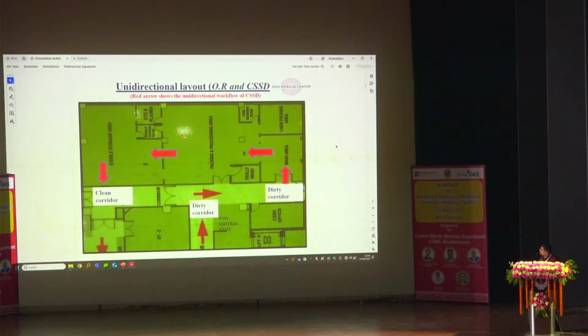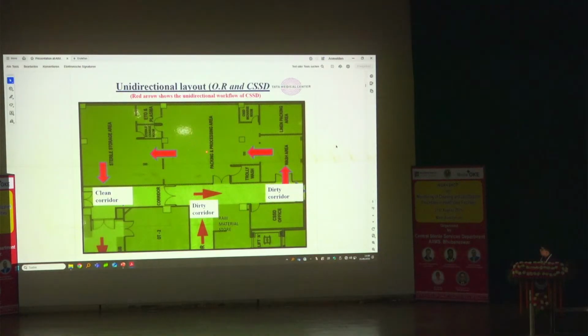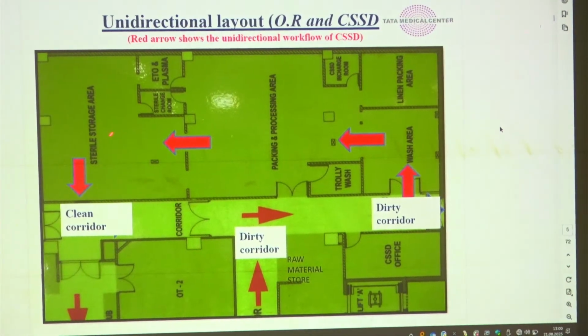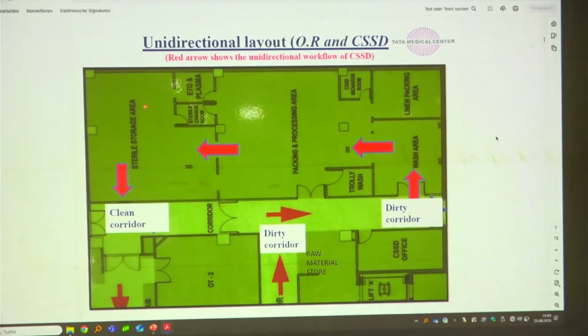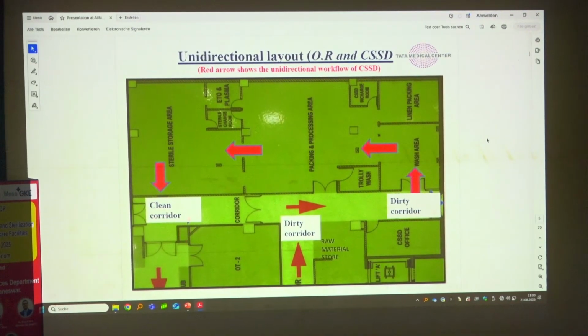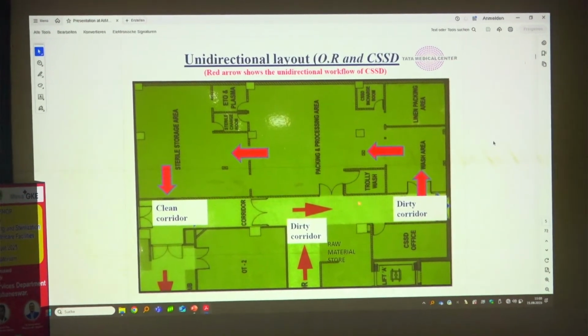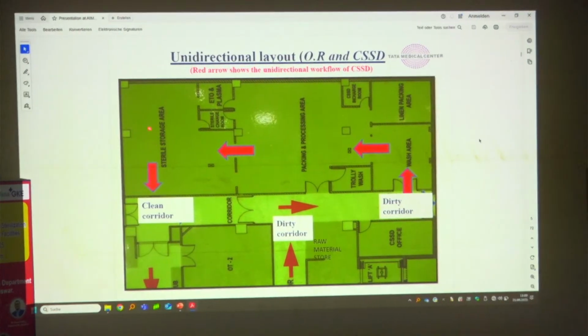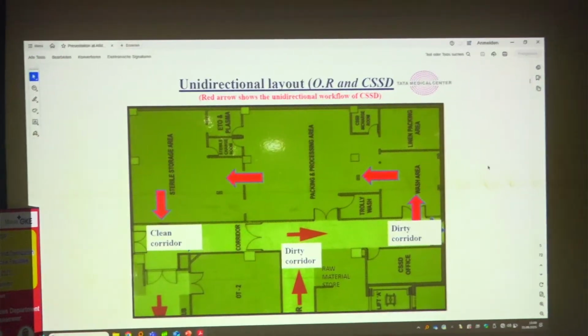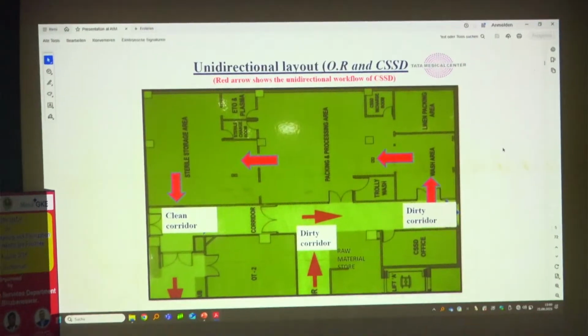After the packaging zone, if we lubricate, dry, and package here, after that it goes to the sterilizer, and when it is sterilized, the materials go to the sterile storage area and are held as per the requirement. We issue the product from the clean corridor. So there is a proper unidirectional workflow we have to maintain. Otherwise, with multi-directional workflow, there is a chance of cross-contamination.